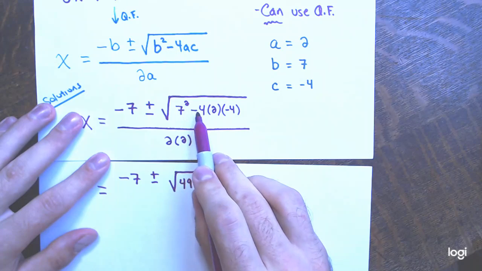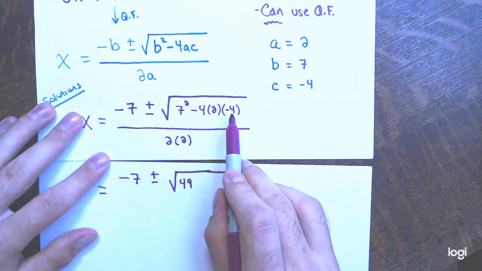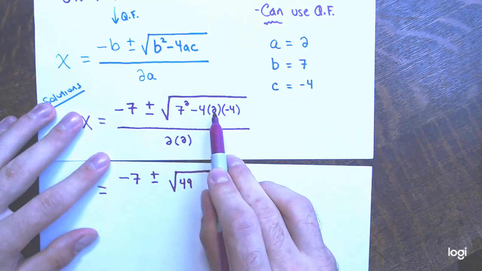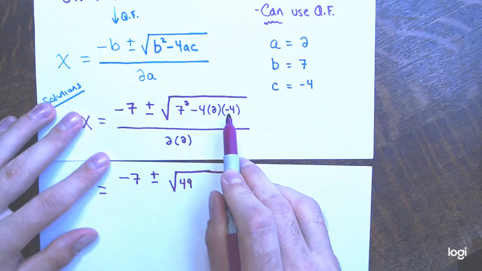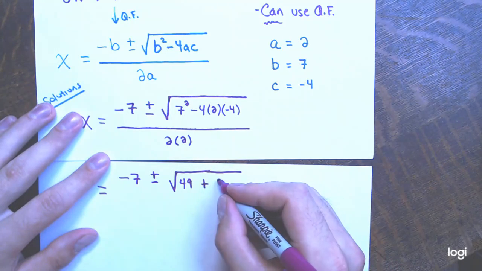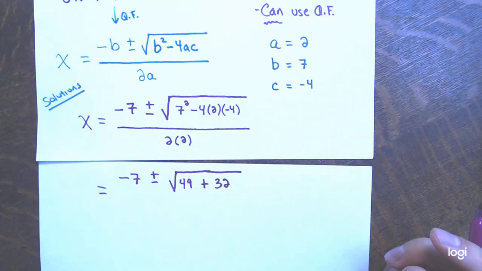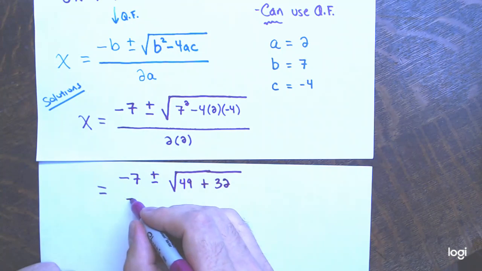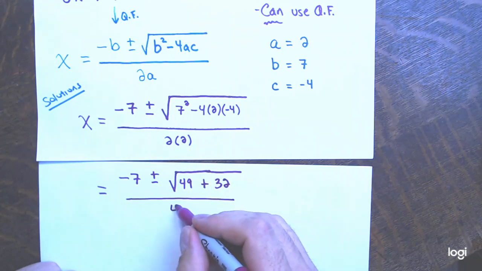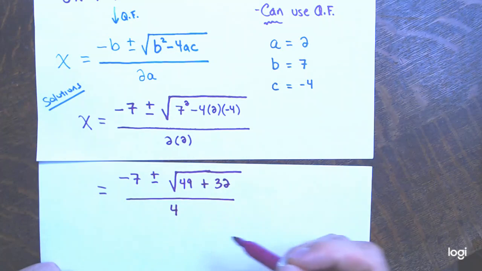And then you have negative 4 times positive 2, that'd be negative 8. But then negative 8 times negative 4 would be positive 32. All right, 8 times 4. And then all this divided by 4, 2 times 2 in the denominator.